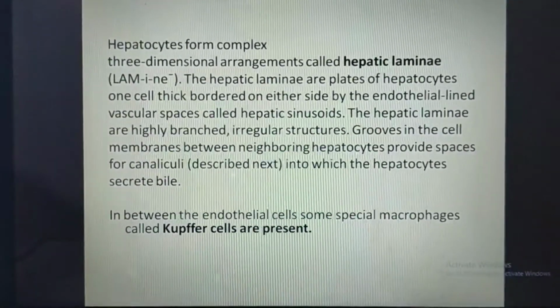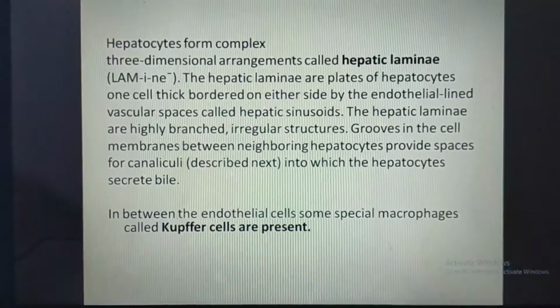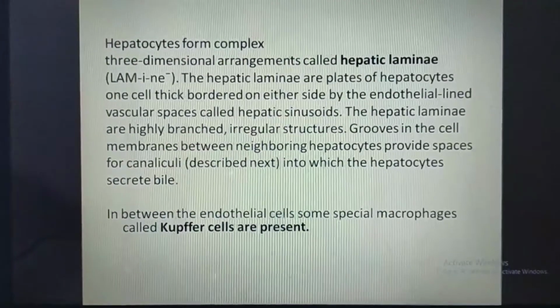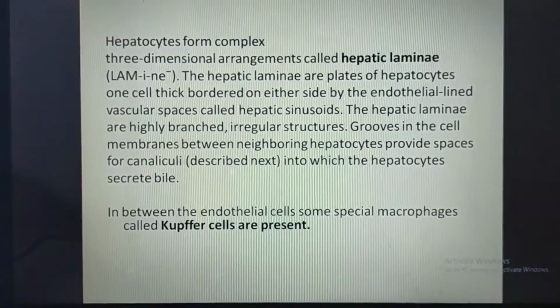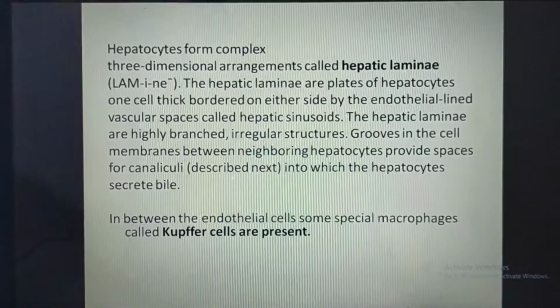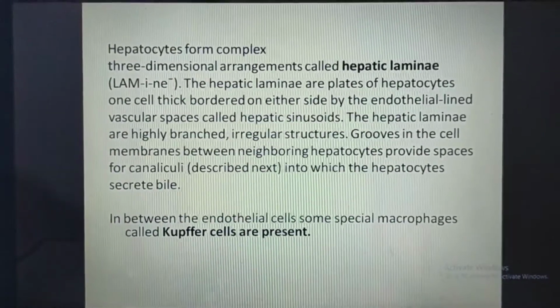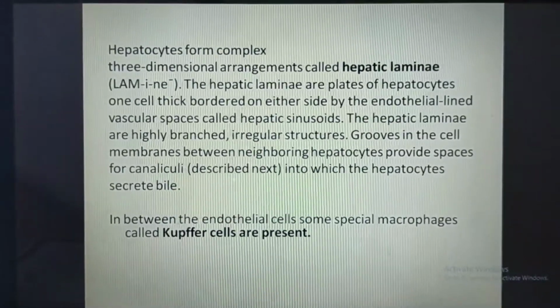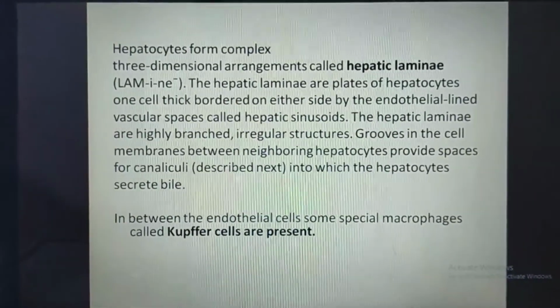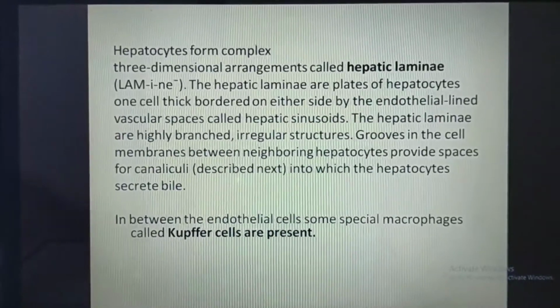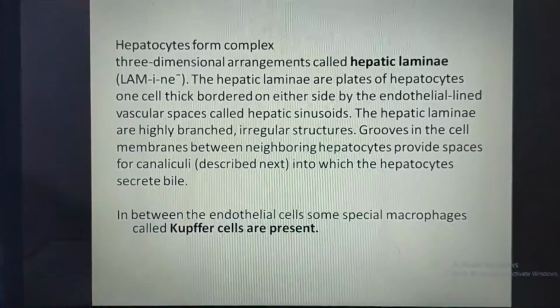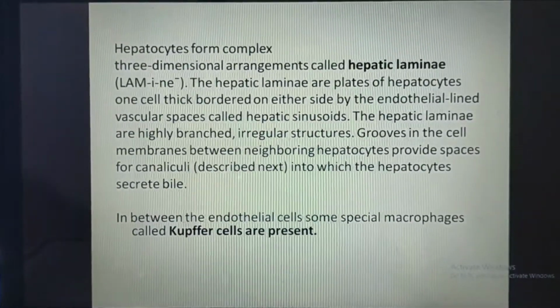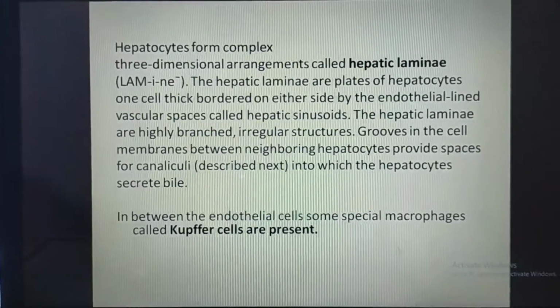The hepatic laminae are highly branched, irregular structures. Grooves in the cell membranes between neighboring hepatocytes provide spaces for canaliculi, into which the hepatocytes secrete bile. In between the endothelial cells, some special macrophages are present, which are called Kupffer cells.